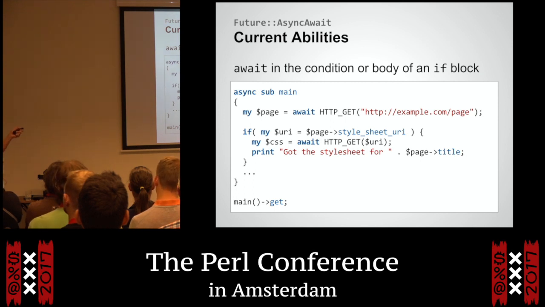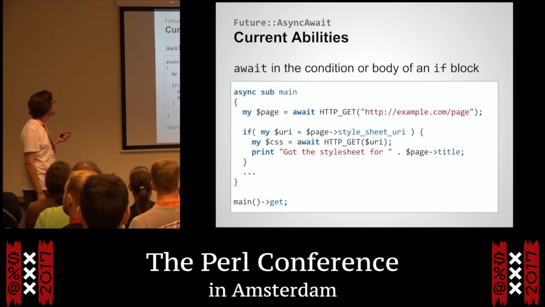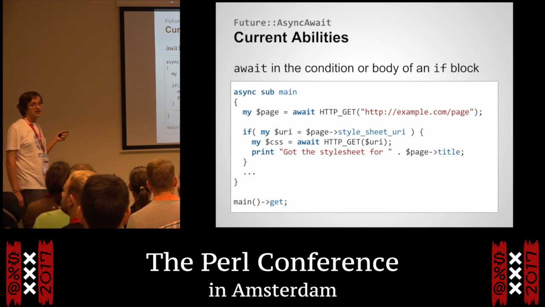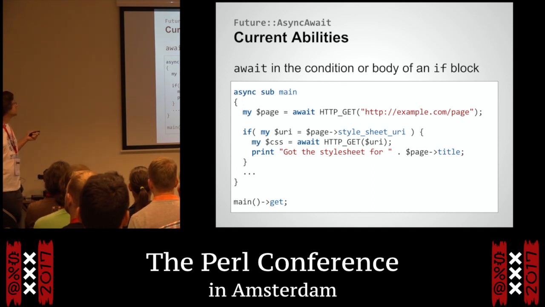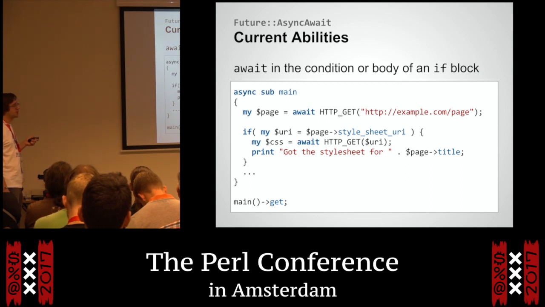So it's hard to read the if blocks when you write this kind of code with futures and then chaining. Whereas here, it just looks exactly like straight line code again. We await this page, and then we see, does the page actually have a style sheet URL? Because if not, we'll just carry on doing something else. But if it does, we'll await a get on the style sheet, and we can carry on and use other things in here. So suddenly, again, this just looks like straight line code.